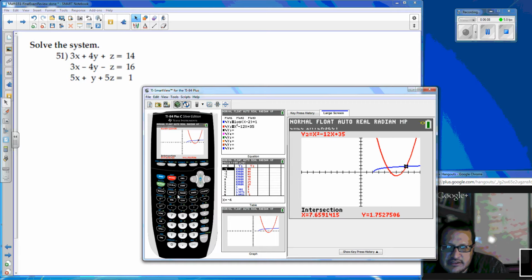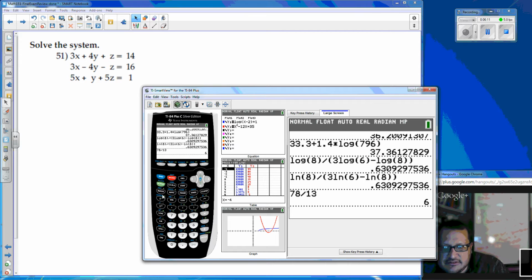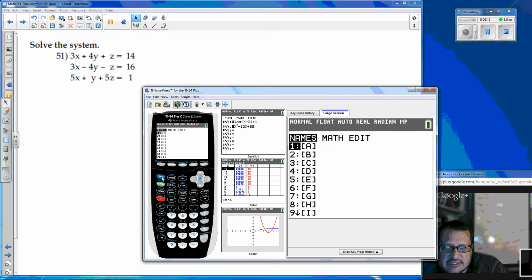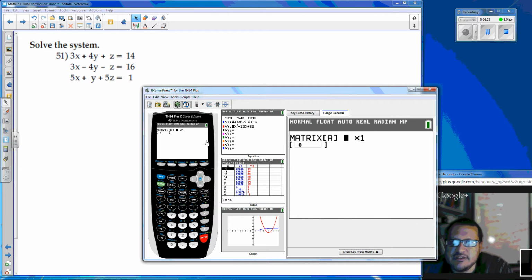We want to think at a higher level, and the way we're going to do this is use second matrix, then go over to edit, and choose A, the first one. This is going to be a 3 by 4 matrix.